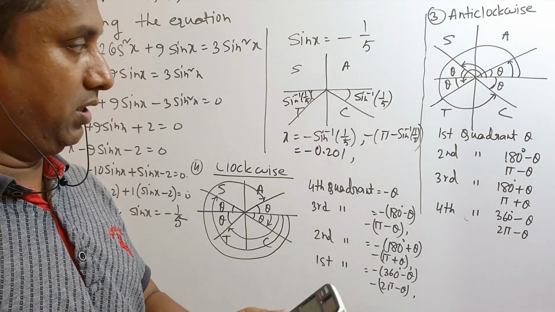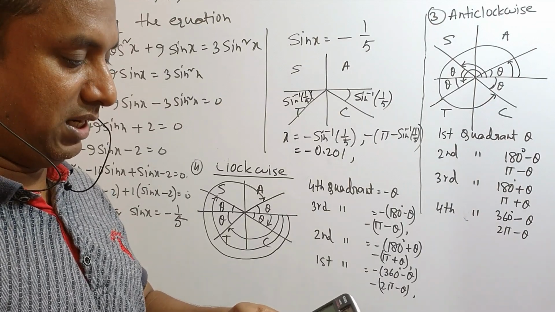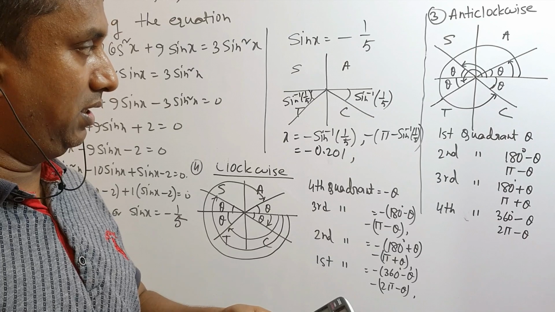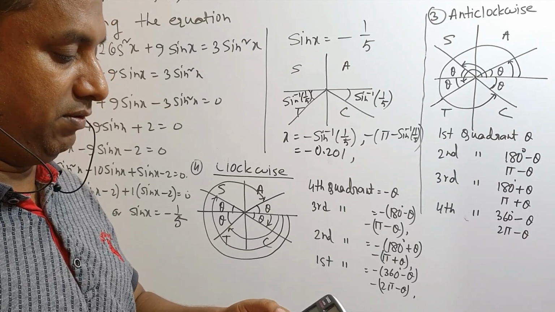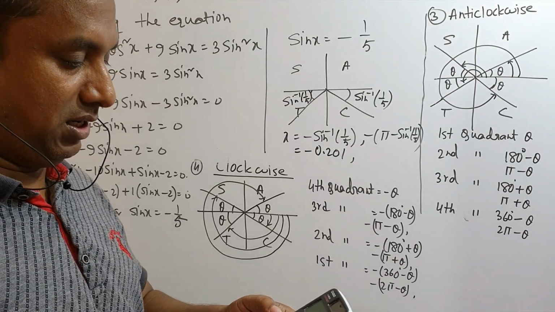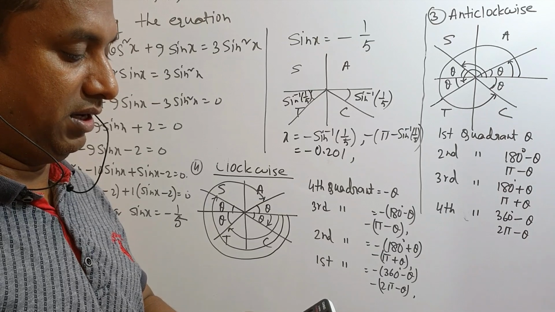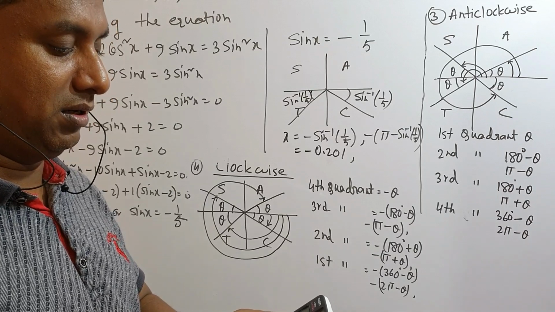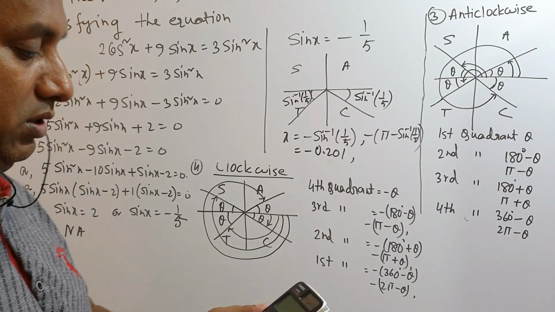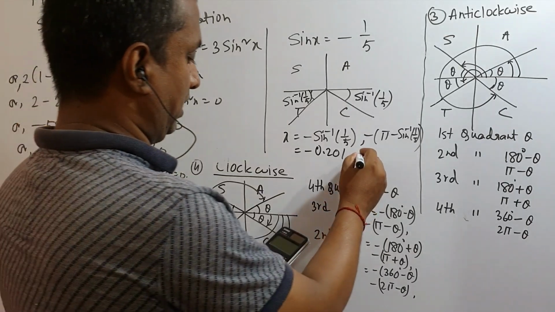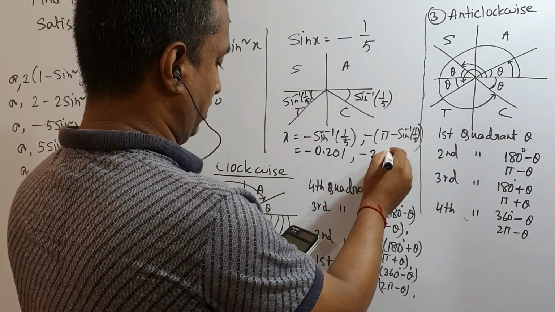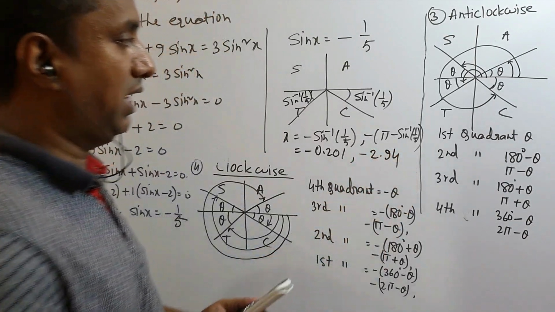Now let me use the minus sign, then put a bracket, then shift pi, then sine inverse of the given value, and close the bracket. This is the other value, minus 2.94. This is the other answer.